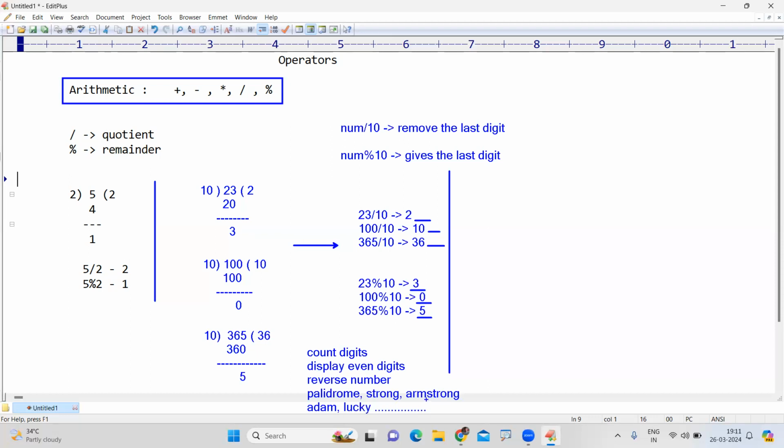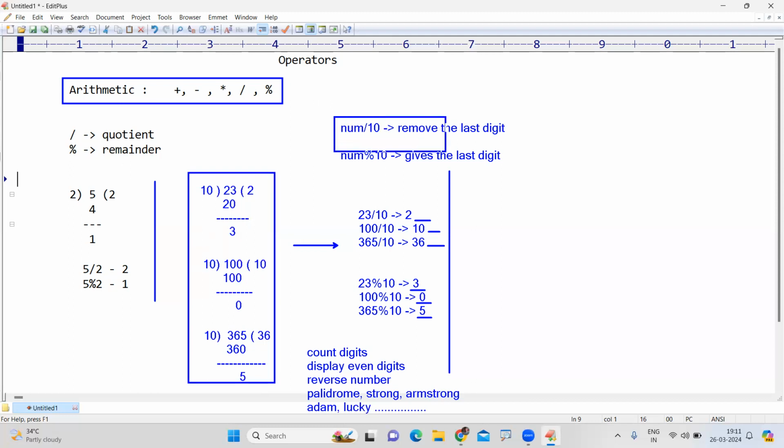All these programs are based on this concept only: N by 10 and N mod 10. On these two concepts only, all programs are there. Anyway, I'll explain all these things, don't worry. Here, why am I explaining this? Simple answer. These come under arithmetic operations only. Just arithmetic operations.